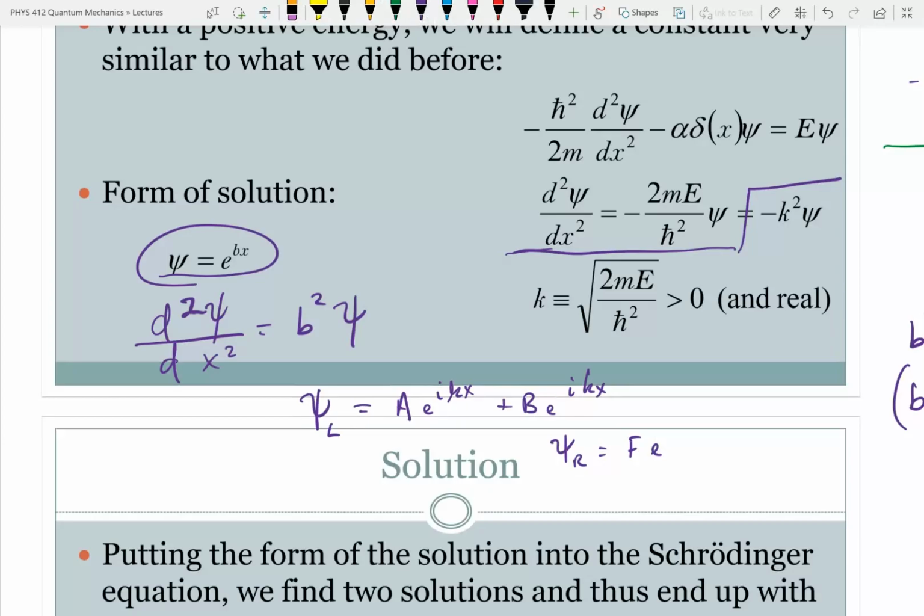I should use the same signs as the textbook does. So there are our solutions on the left-hand side and the right-hand side. Or I could have put them in sine and cosine if I'd wanted to. So we've got our solutions. Now what?